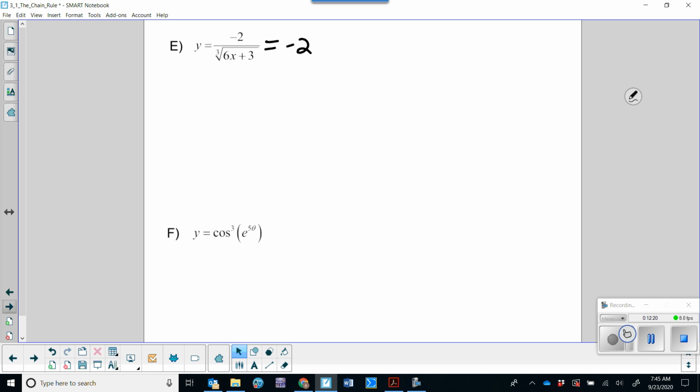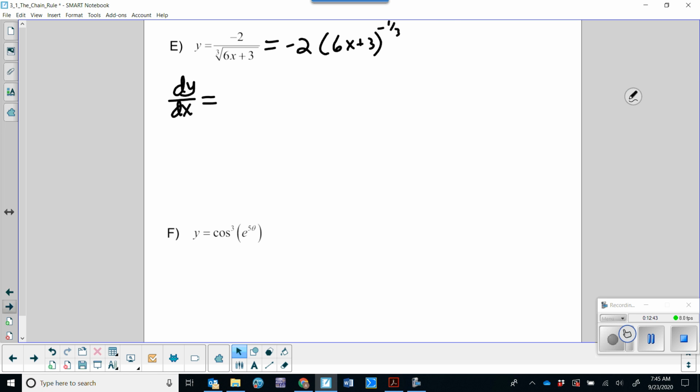So I have -2, and then this is 6x plus 3 to the -1/3, because of course it's to the 1/3 in the bottom. And I know I want a power, because again, there's no rule for square roots or radicals of any kind. So I need to change it to a power, and then I have a rule for that.